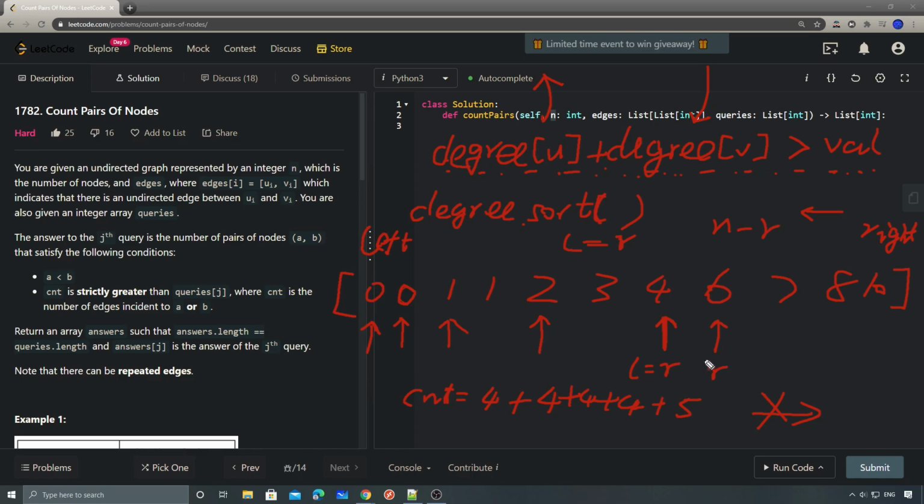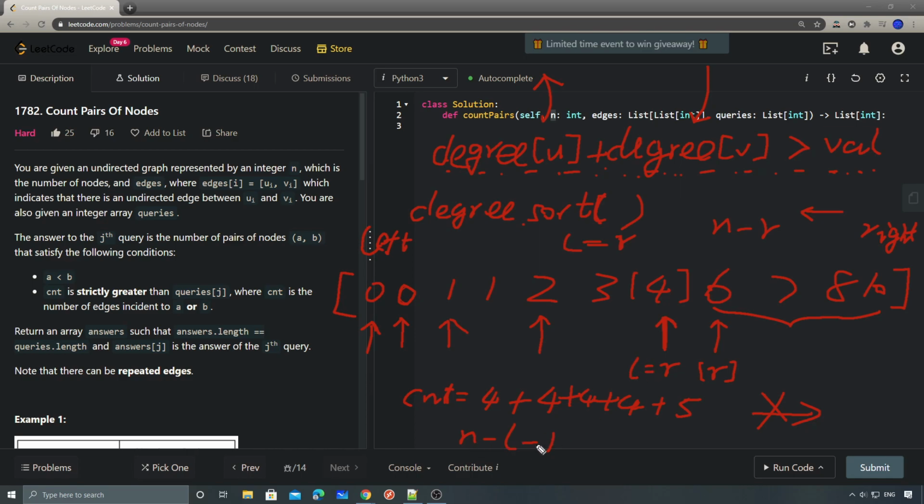Okay, so in this case, we don't have to use this right pointer anymore, because we already know that for the left pointer, anything on the right side already satisfies the condition. So we can simply use n minus left minus 1 to calculate how many more pairs there are for this current u here, because the pairs that we are getting here are the entire elements on the right side of the current left pointer.